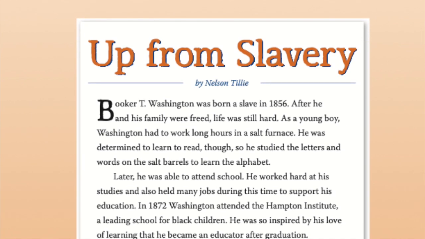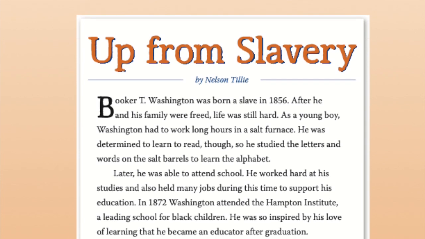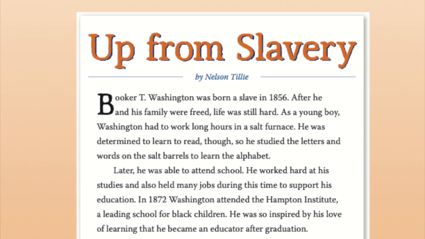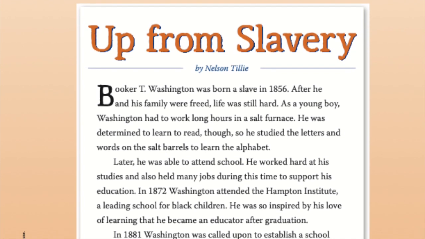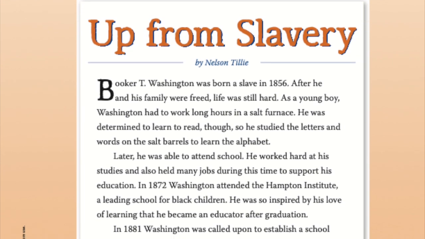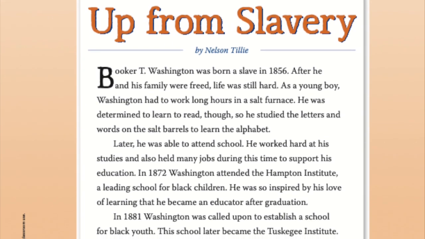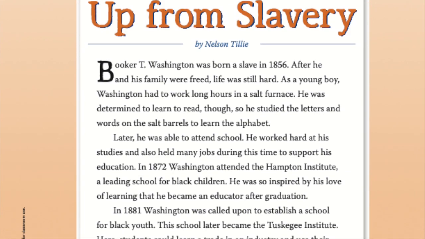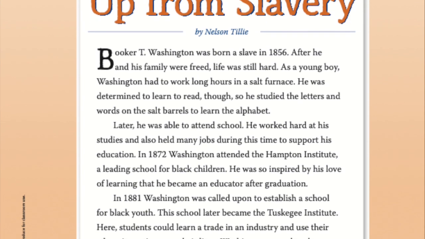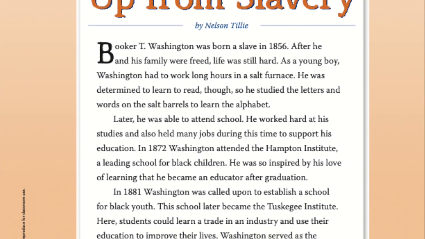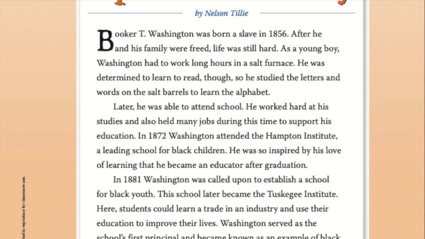Booker T. Washington was born a slave in 1856. After he and his family were freed, life was still hard. As a young boy, Washington had to work long hours in a salt furnace. He was determined to read, though, so he studied the letters and words on the salt barrels to learn the alphabet. Later, he was able to attend school. He worked hard at his studies and also held many jobs during this time to support his education. In 1872, Washington attended the Hampton Institute, a leading school for black children.